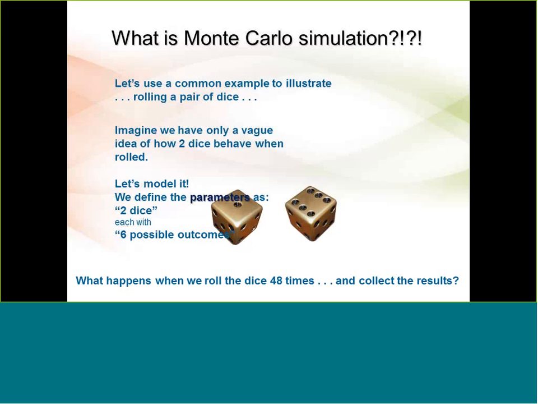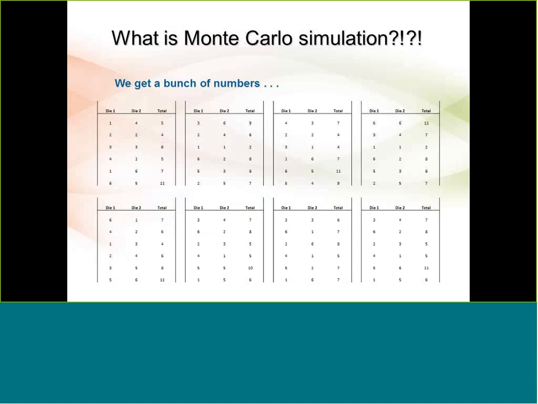So what happens when we run a virtual experiment and roll those dice 48 times? Well, we get a bunch of numbers. And I'm going to rhetorically ask, does anyone see a pattern in those numbers? I certainly don't see the pattern.